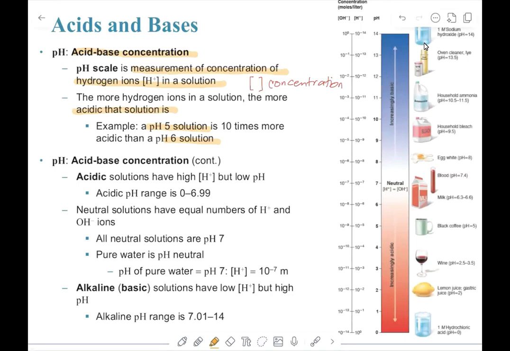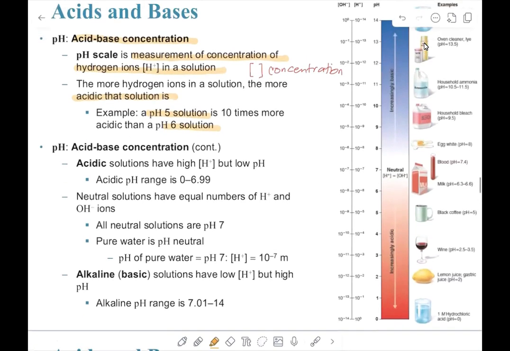So that means something with a pH of 0 is 10 times more acidic than something with a pH of 1. A pH of 1 is 10 times more acidic than 2, and that continues as we go higher and higher. So the higher the number, the less acidic it is.